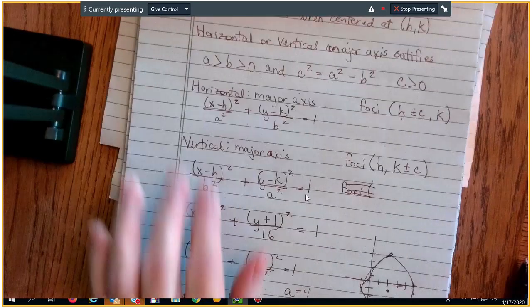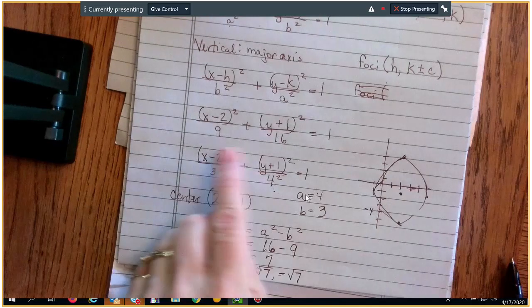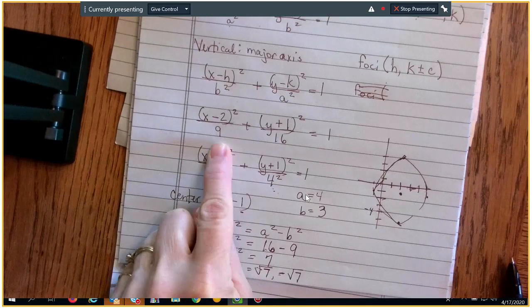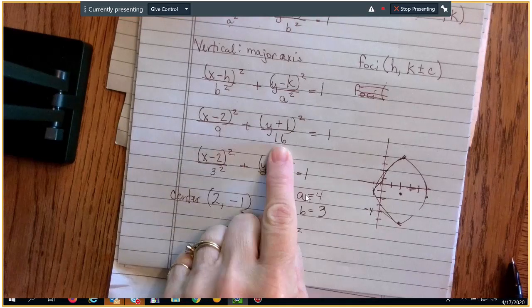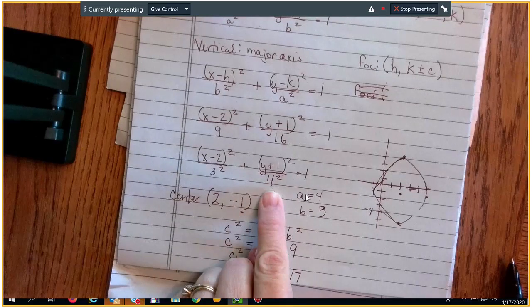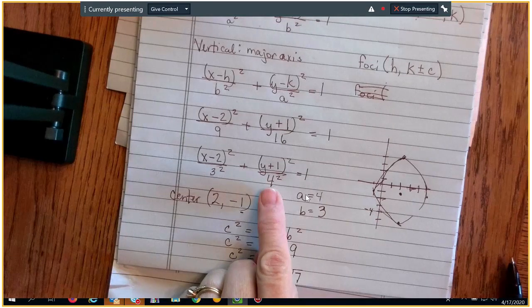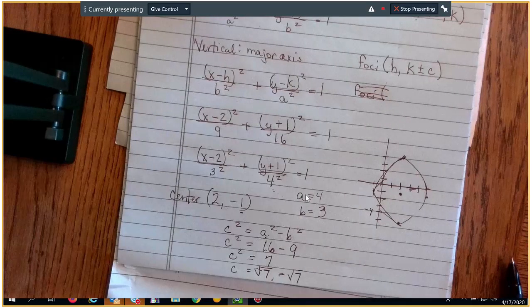So when we were given this, we knew the square root of 9 was going to be 3, and the square root of 16 is going to be 4, so this has to be our a because it's larger. So we satisfied the vertical axis as our major axis.